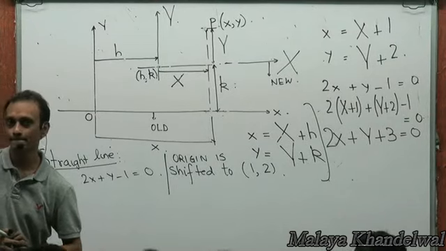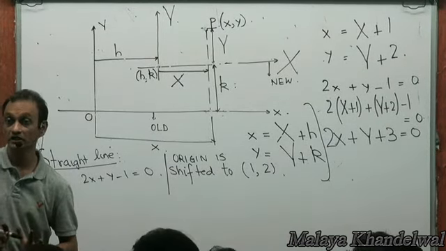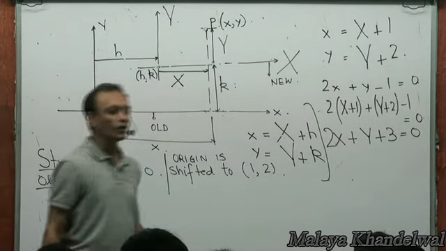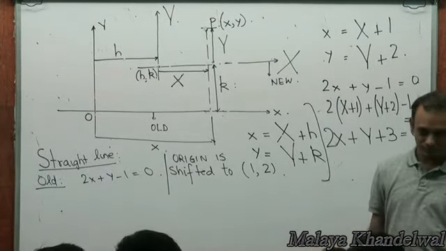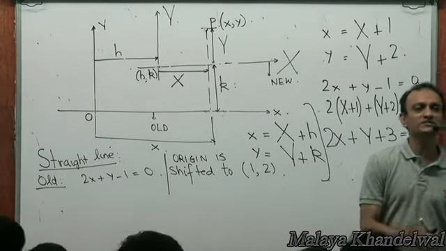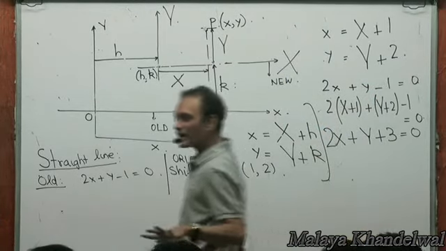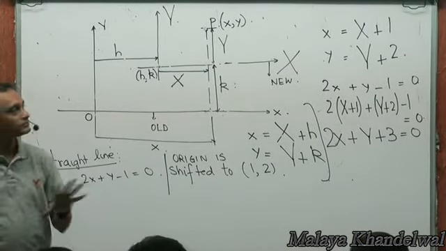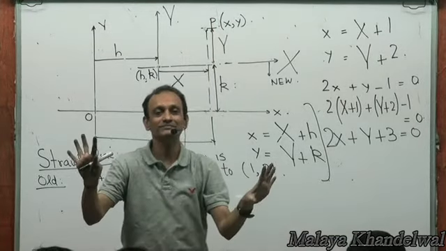Is that all right? In the capital X, capital Y system. Now once you've migrated from the old system to the new system, that is from small xy to capital X, capital Y, take a practical approach. Call the new capital X, new capital Y as small x, small y.